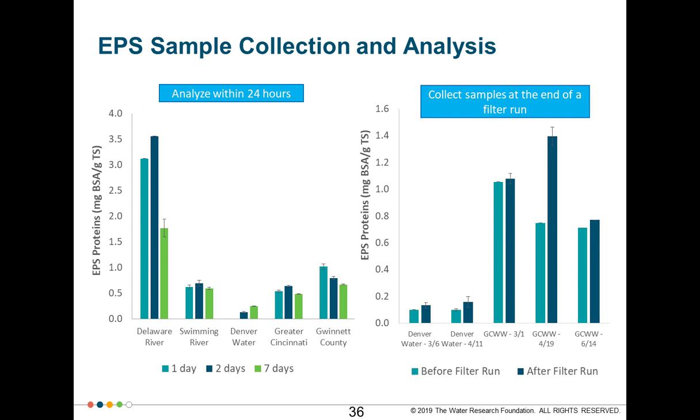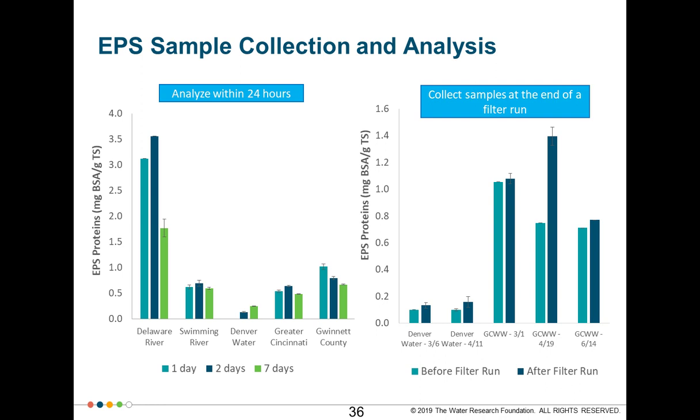Also, we looked at collecting samples at the beginning and the end of a filter run to determine what type of difference that made, if you should stay consistent with what time of the filter run you measure EPS. What we found was that only 1 sample did have a big difference. That was at Greater Cincinnati Waterworks, where we did see that 1 increase.